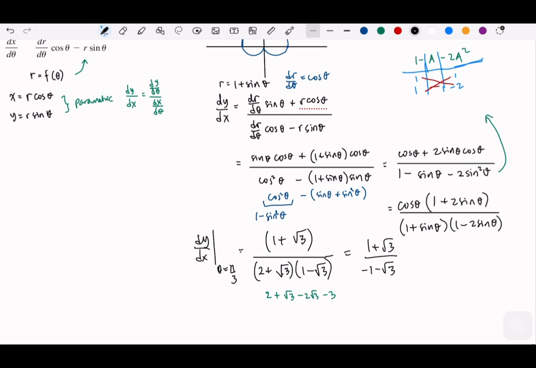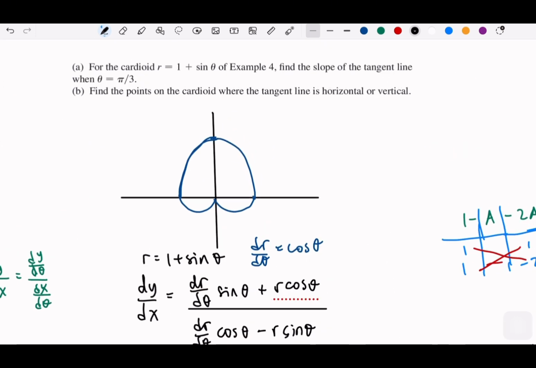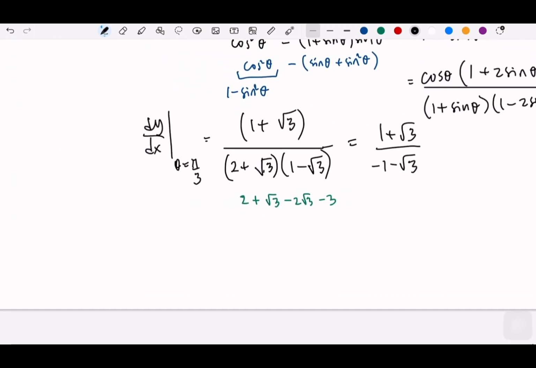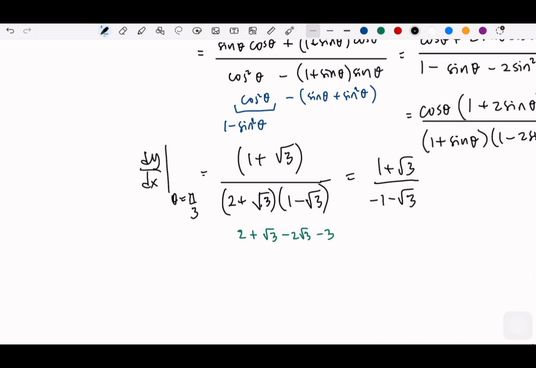And then the same questions as in the parametric: finding where the tangent line is horizontal or vertical. So dy dx is this, right?